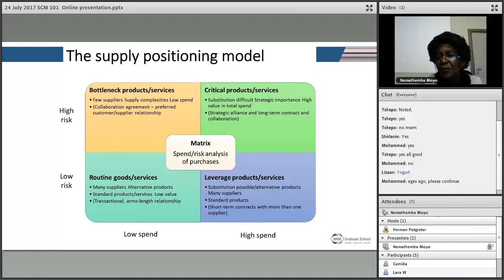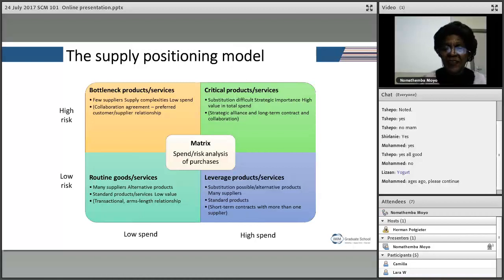You don't even get to know them when you're buying bread. They ask who you are so that they can advertise to you, unless you are a big purchaser. But for you buying a loaf every day, the relationship is arm's length. You don't need to create a strong relationship because it's low spend, low risk. So many people are supplying.